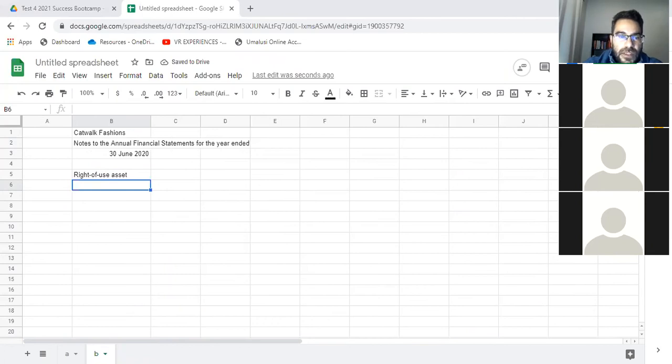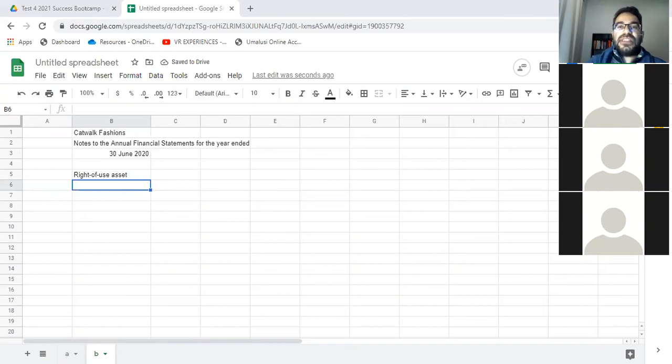They say comparative figures are not required. If they did not tell you that comparative figures are not required, then we'd have to do 2019 as well. But because they said it's not required, we only do 2020.